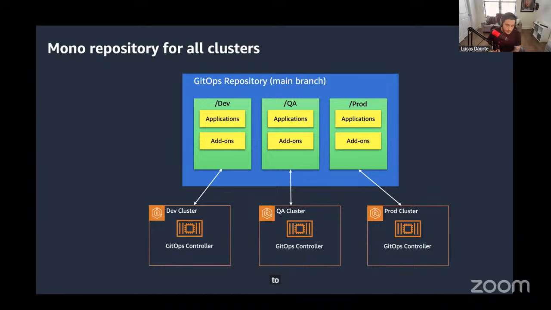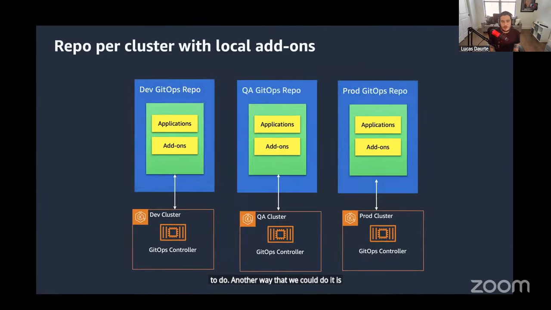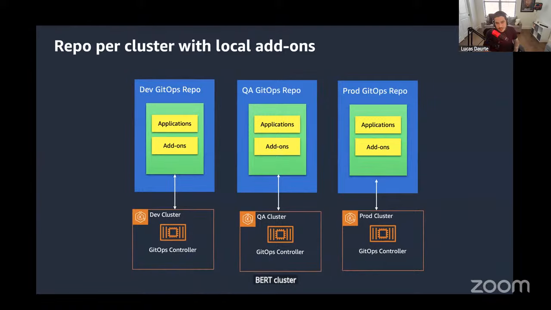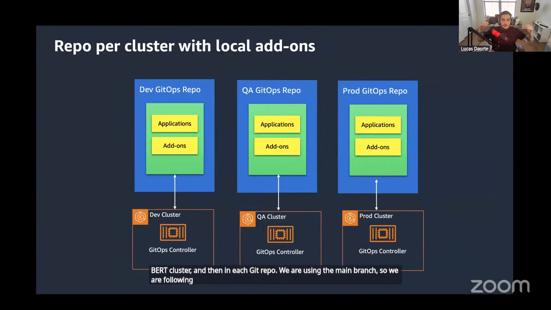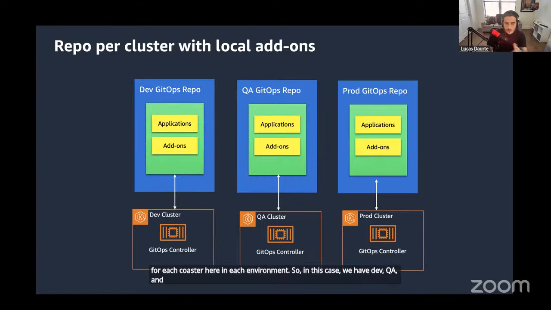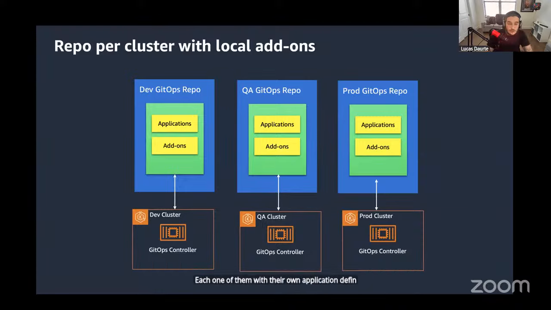Another way that we could do it is to create a separate Git repo per cluster, and in each Git repo we use the main branch, so we follow Git flow to contribute back to the main branch, but we have different repositories for each cluster in each environment. So in this case, we have dev, QA, and prod GitOps repositories, each one of them with their own application definitions and add-on definitions.